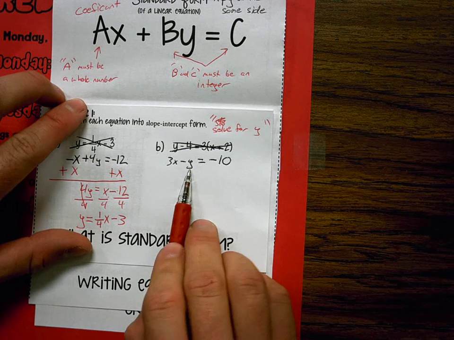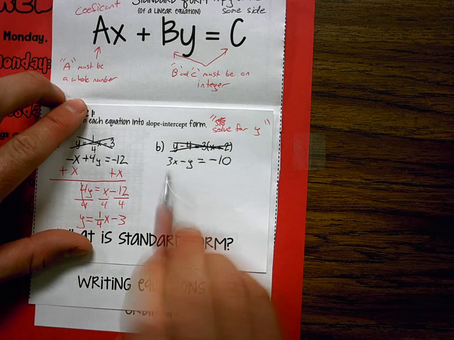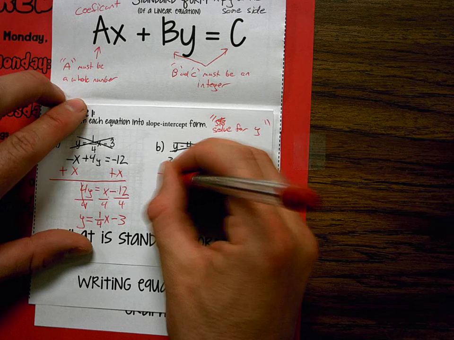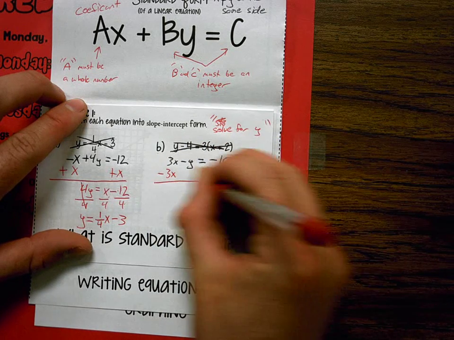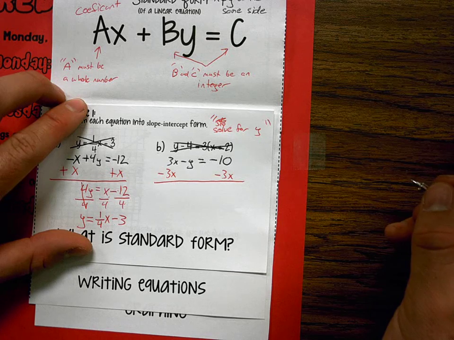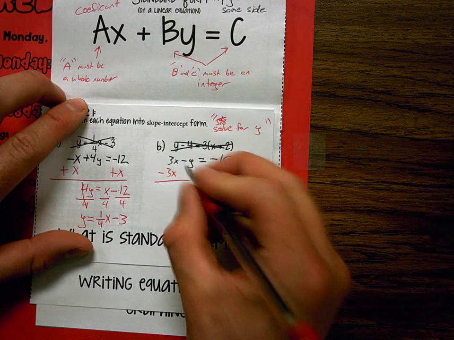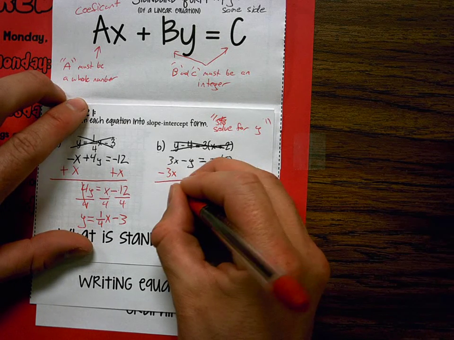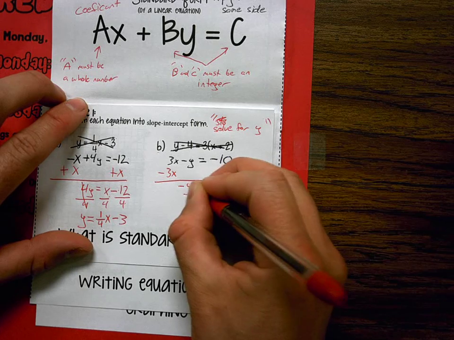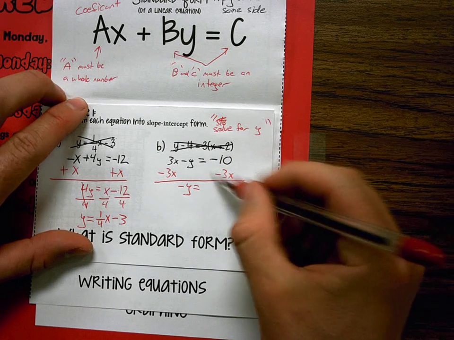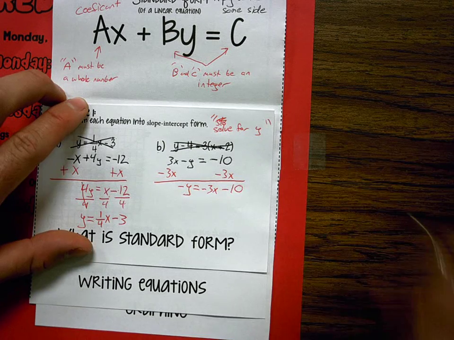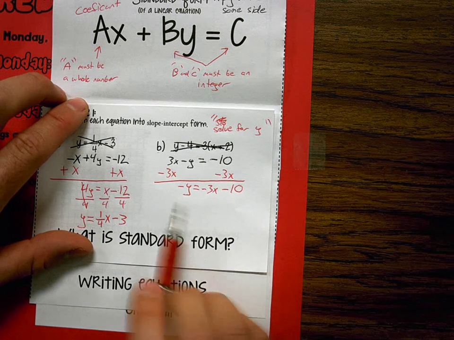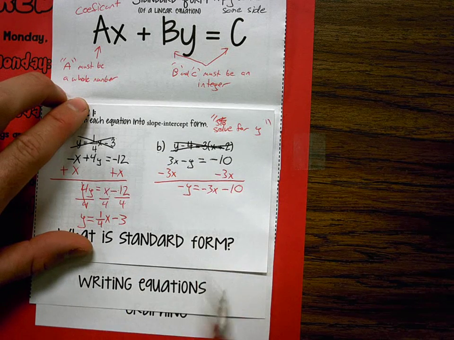I need to solve for y, so subtract 3x on both sides. 3x minus 3x is gone. I get y equals, these are not like terms, keep them separate. I have a negative 1y.